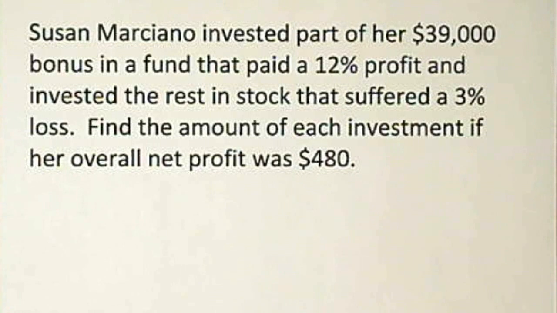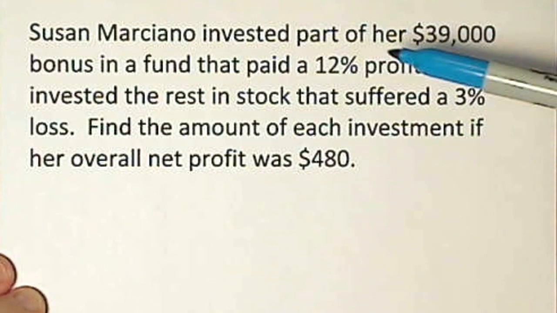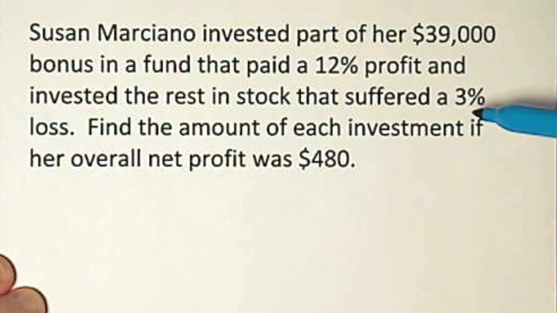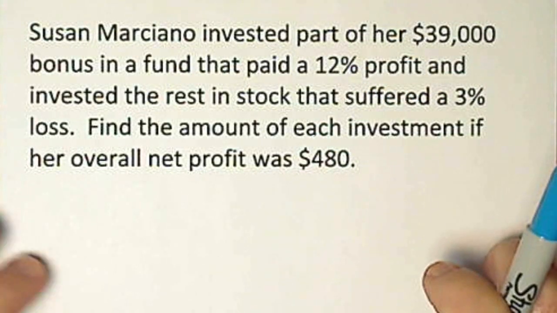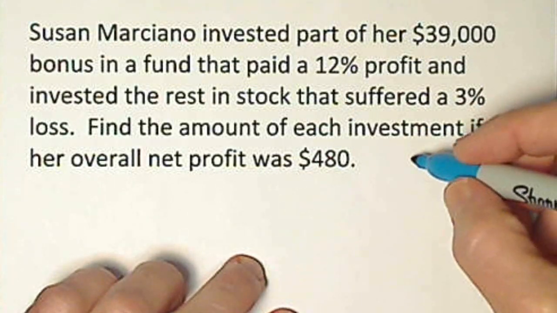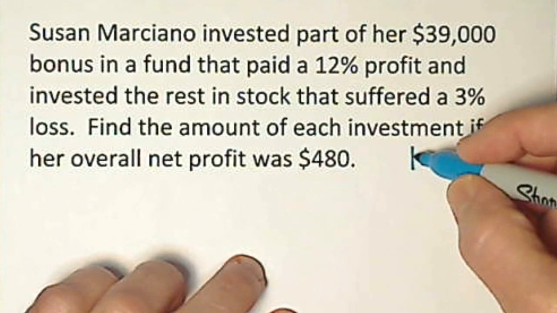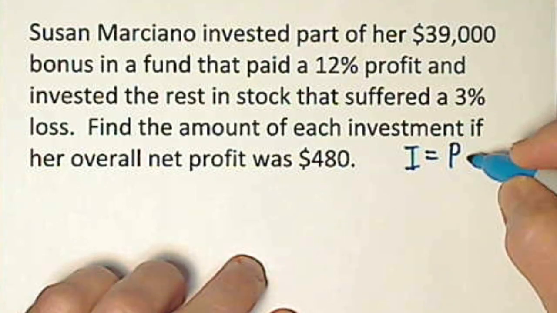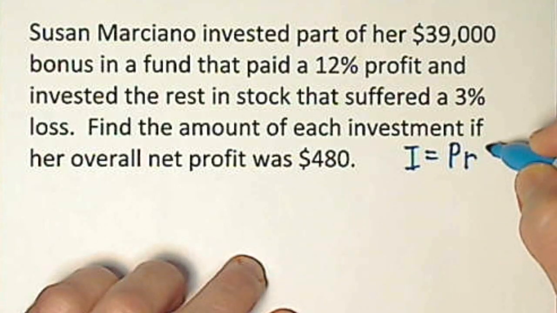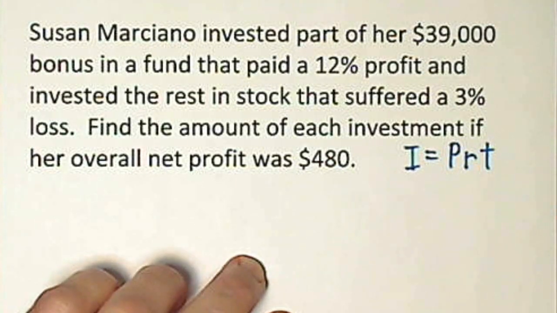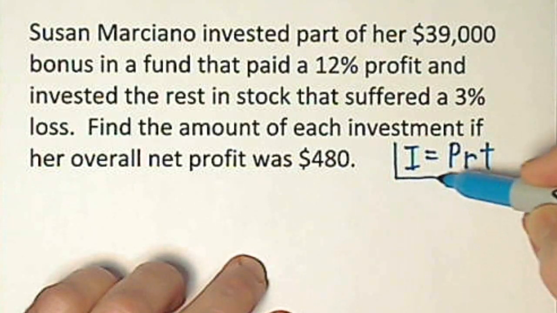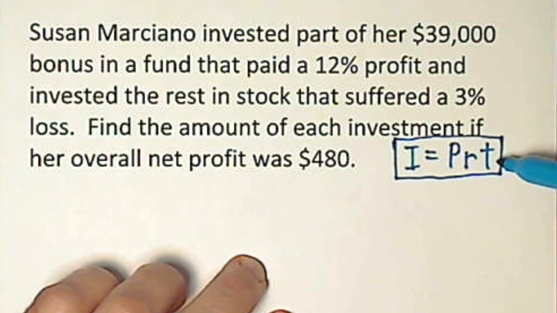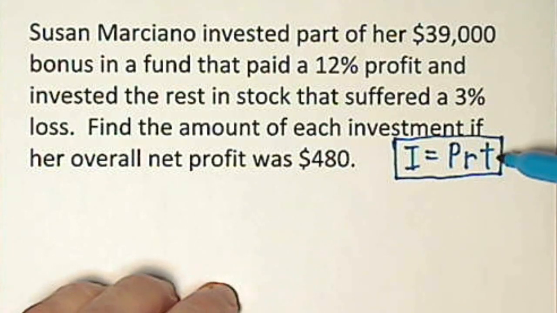Alright, taking a look at this one, we've got an investment, some percentage of profit. It's actually a percentage of loss, but we want this formula to sort of go through your mind. Interest is equal to principal times rate times time, and this formula is used quite a bit, not only in your math classes, but it's used in banking and investing.